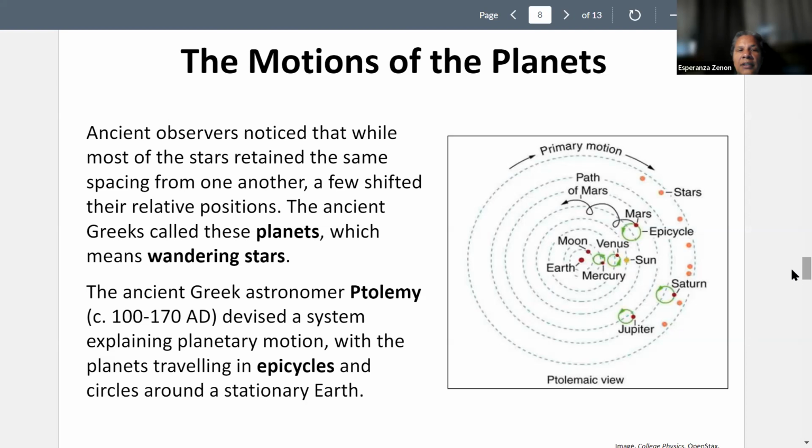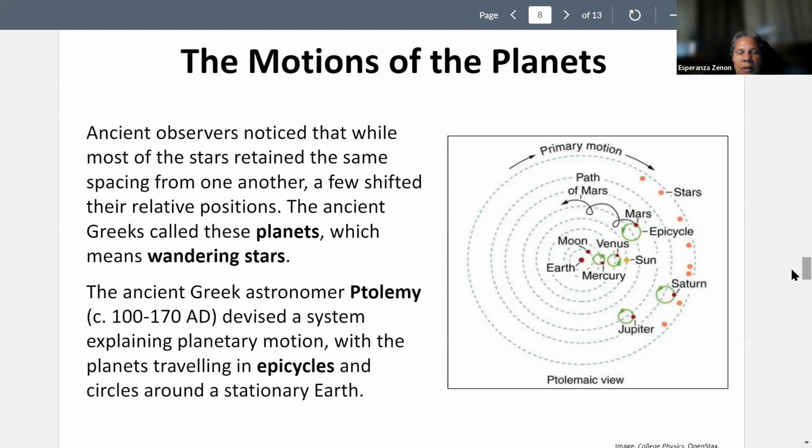the ancient Greeks studied the motion of the planets, but in their mind, they thought that the Earth was at the center of what we call our solar system, right? So they had what they call the Earth-centric viewpoint, if you will.